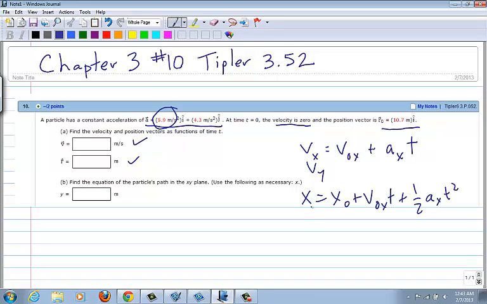That'll then give you your x position. You've got your initial position vector gives you your x0, and I would include this over here, a 0j gives you your initial position in the y. So you'll have x and y as a function of time. Put that into Cartesian form.